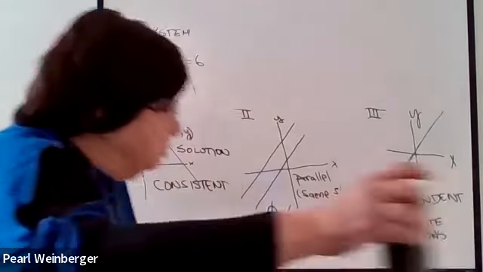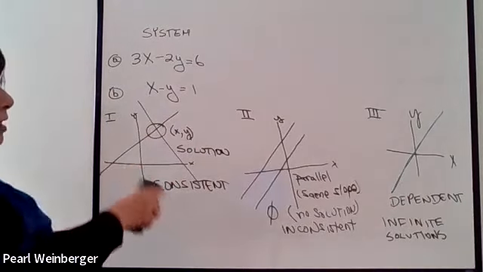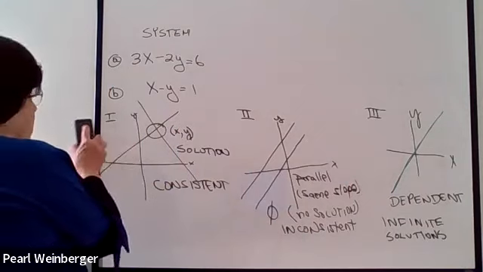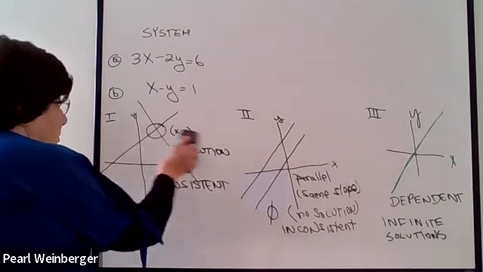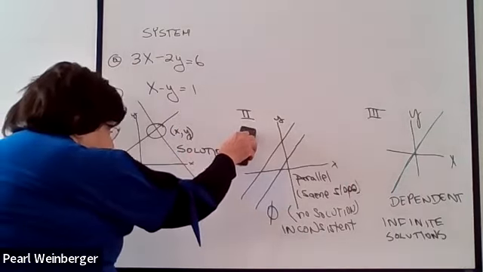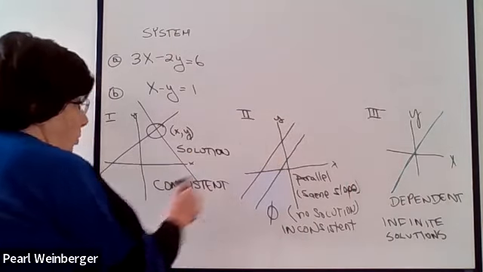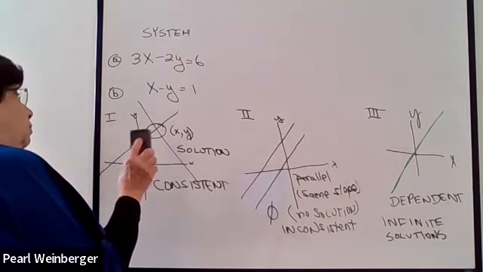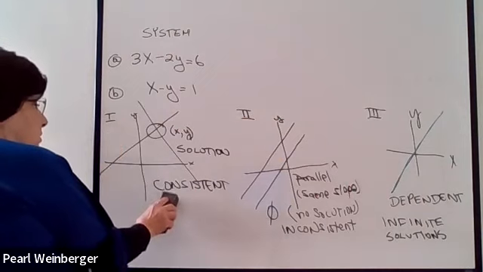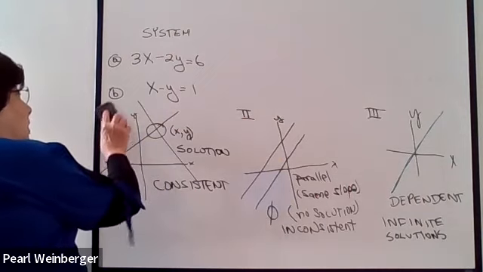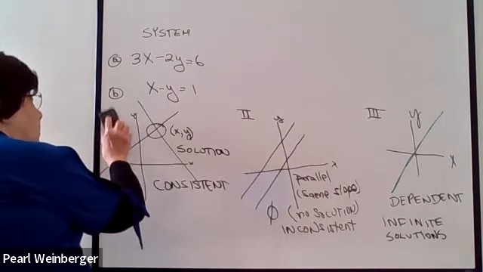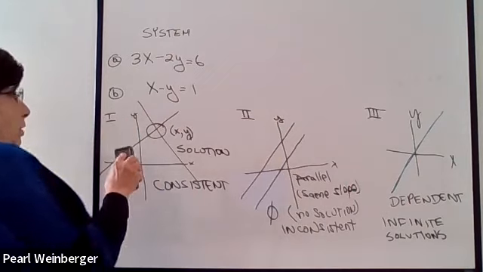Okay, so in order to do that, I don't know whether it's consistent, inconsistent, or dependent. I'm assuming it's consistent, and I'm going to go ahead and work on it as if it is a consistent system of equations.